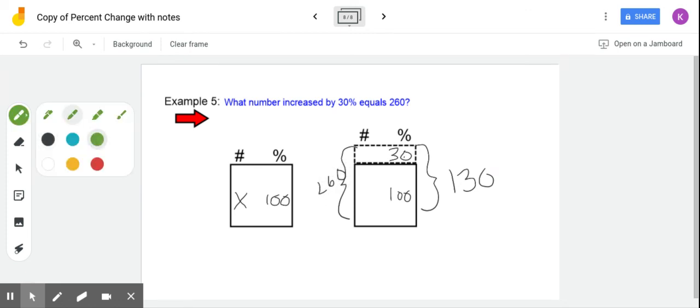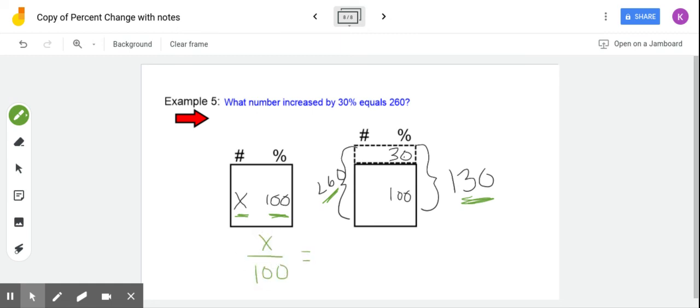So what I've got is a number, a percent, a number, and a percent. So x over 100 equals 260 over 130. Always put the percents on the bottom so you don't get confused.